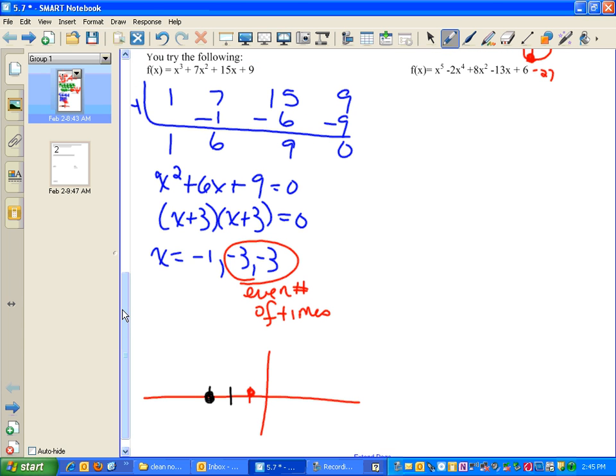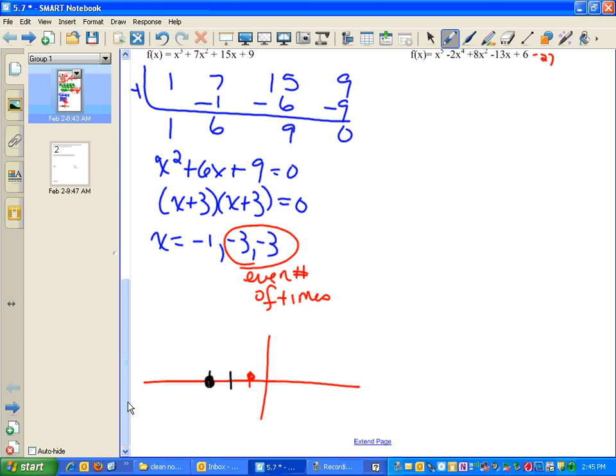And then our y-intercept is at 9. Now the tails should be where? First and third, correct? Well, it's got to go through this -1 and it has to end up here. It's going to start here.